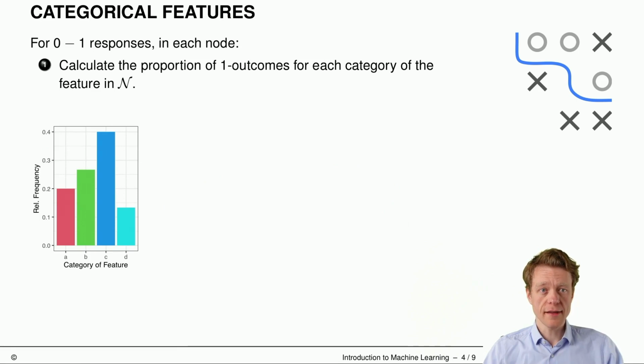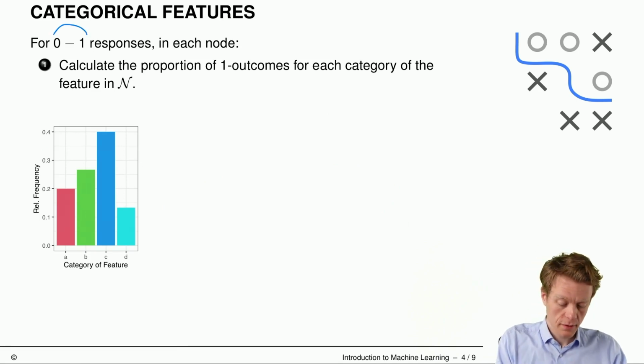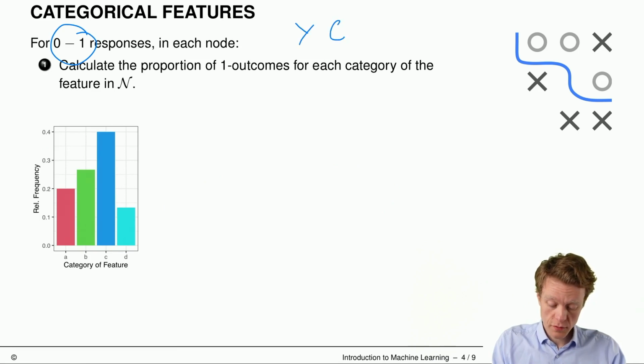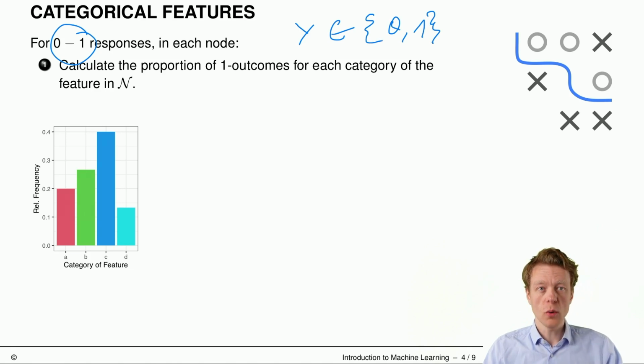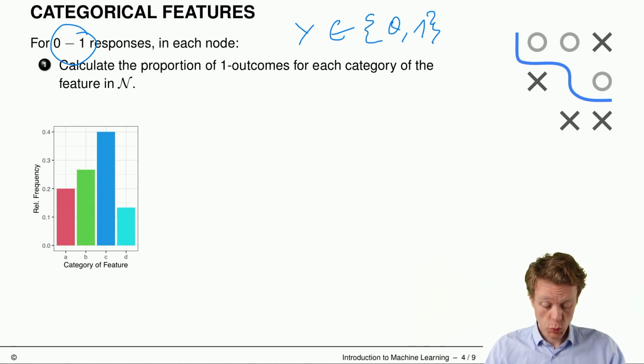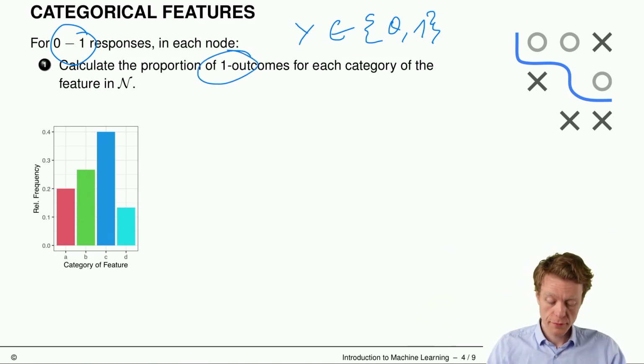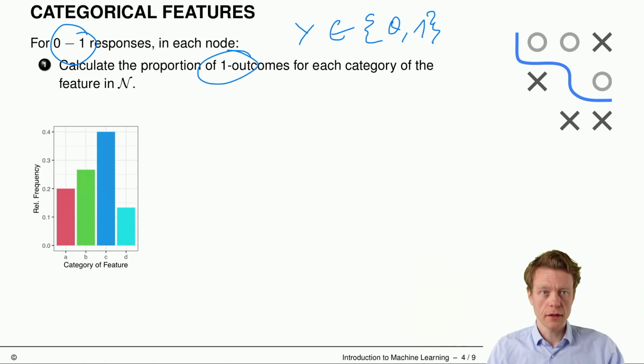The basic idea is as follows. Let's say we have a classification task with a 0, 1 response, so y can be either 0 or 1, binary classification. What we first do is calculate the proportion of 1s for each category of the feature in that node.